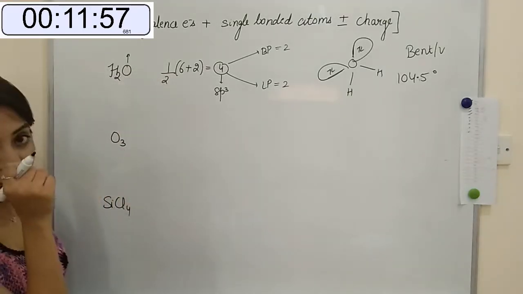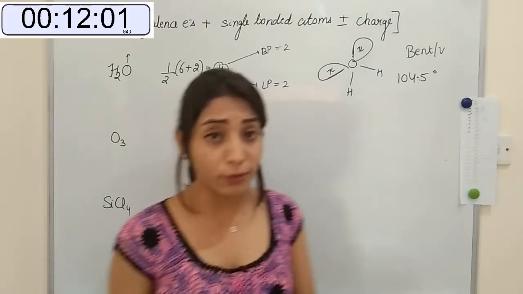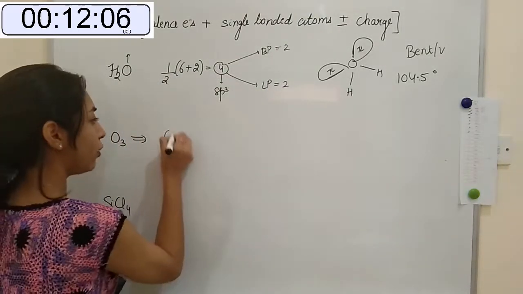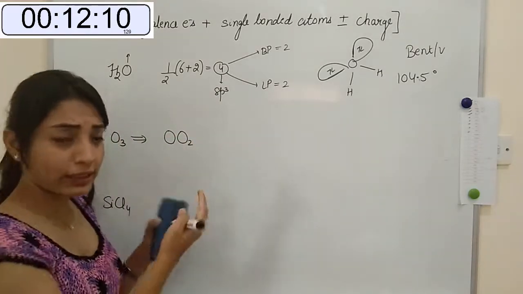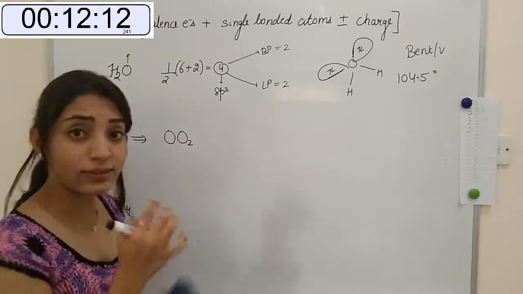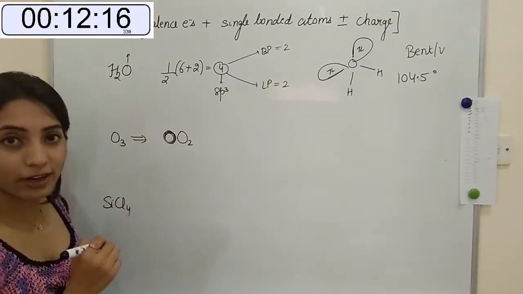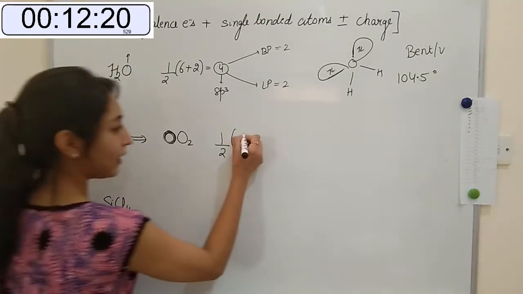Moving further to O3. Now see guys, there is a trick to find the structure of O3. Can I not write O3 as O2? That's the same thing, right? O3, I have divided it as OO2. Now let me consider this oxygen as the central atom. So if this is the central atom, half. Number of valence electrons, 6.